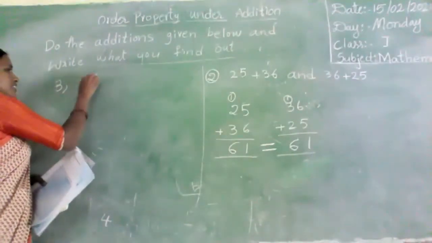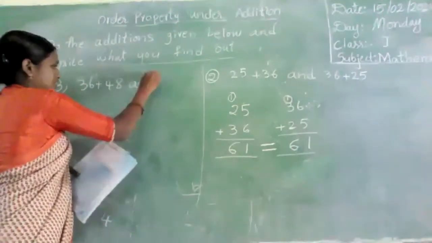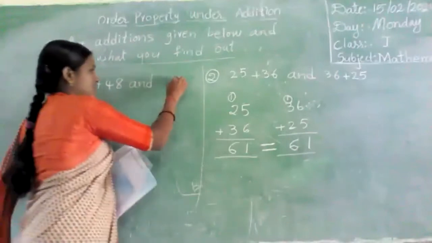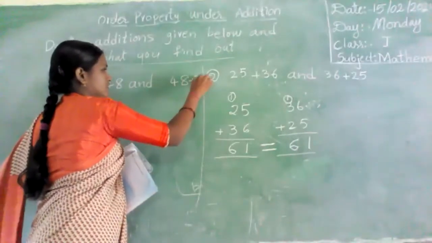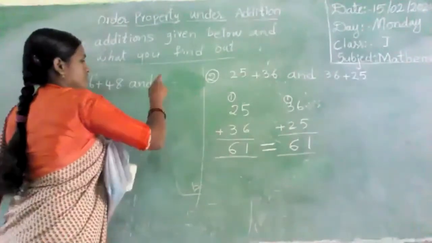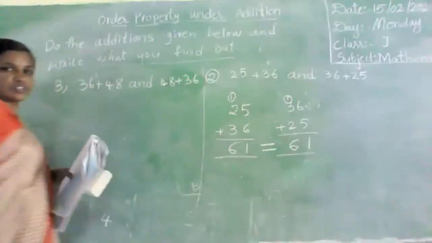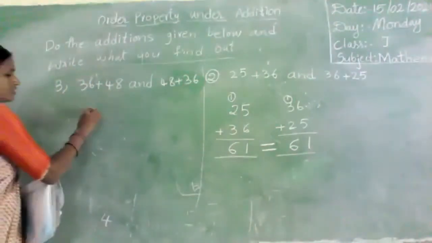Third one. 36 plus 48 and 48 plus 36. Okay? Next.